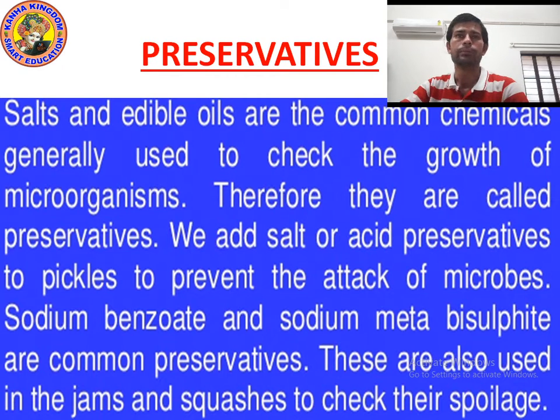And temperature, heat and cold treatment, also work as preservatives. It means they protect food from the growth of microorganisms. Sodium benzoate and sodium metabisulfite are used in jam and squash to check their spoilage.